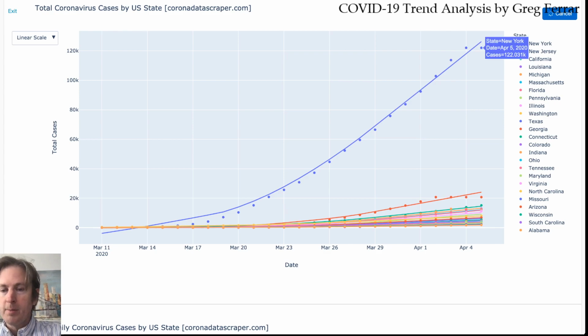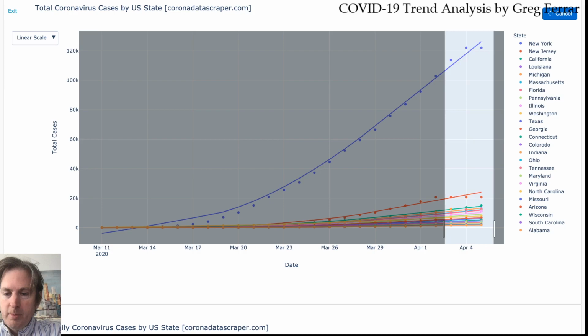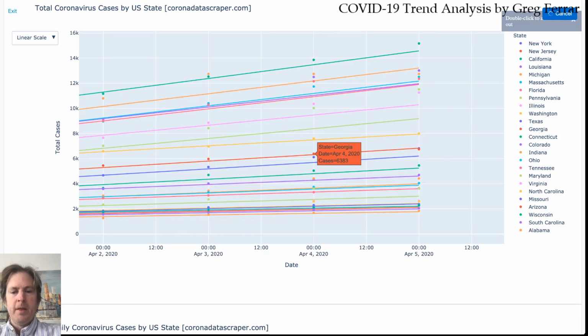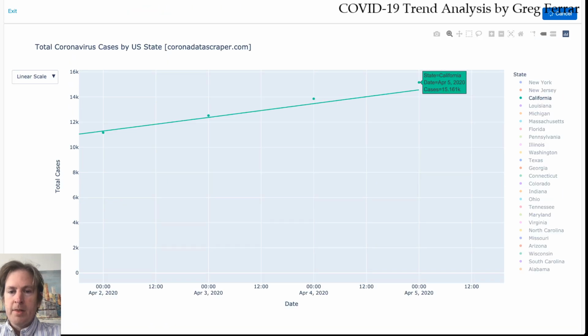So New York's numbers are wrong here, and last time this happened I said, oh, it looks like the whole Corona data scraper thing isn't updated for the latest day, and it took me a day to recover from that one. Today is not generally the case. If we zoom in on more of these, we see that, for instance, Georgia, 6383 becomes 6742, or California, the latest day is bigger than the last day.